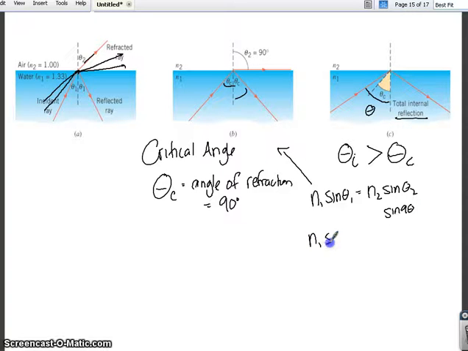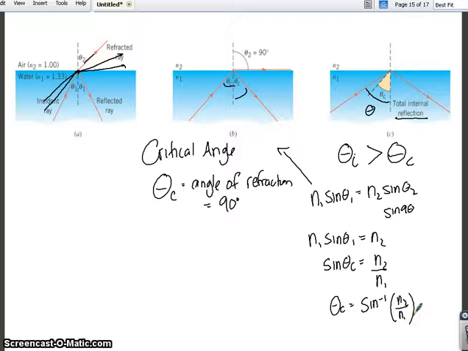So we have n1 sine theta 1 equals n2. And so the sine of the critical angle is going to equal n2 over n1. It means the critical angle is going to equal the inverse sine of n2 over n1. So that's how we find the critical angle.